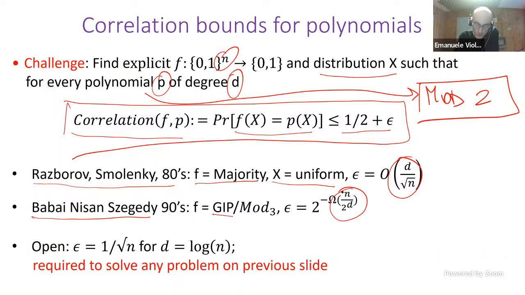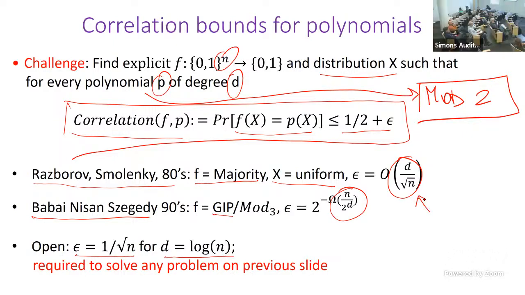In particular, one setting which is covered by neither result is this epsilon 1 over root n: error 1 over root n, and degree log n. This thing doesn't give you a good enough error, and neither does this one.